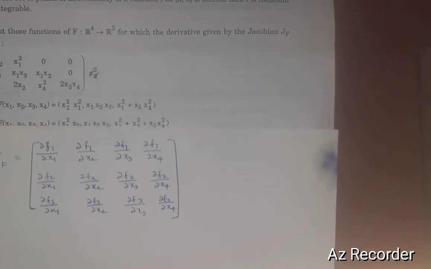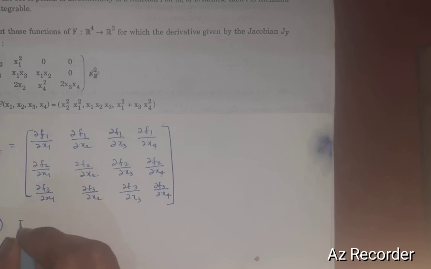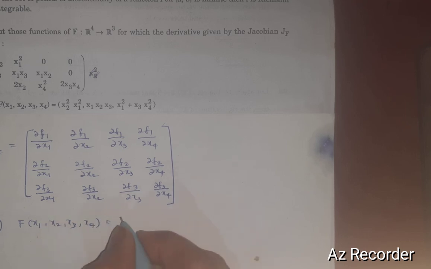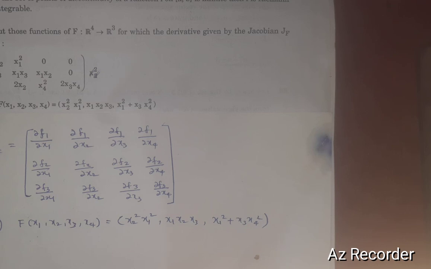So here for the first function, f of x1 x2 x3 x4 is equal to x2 square x1 square, comma x1 x2 x3, comma x1 square plus x3 x4 square. So what will be the Jacobian?